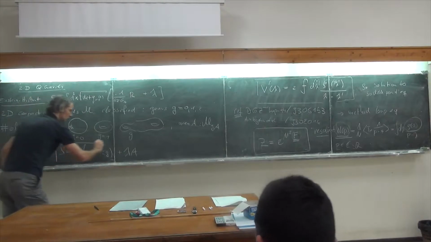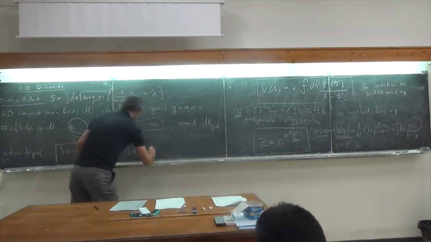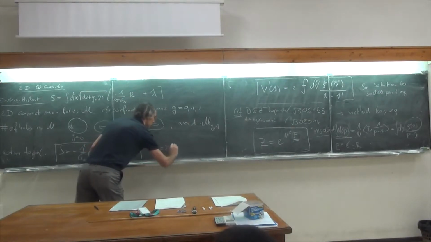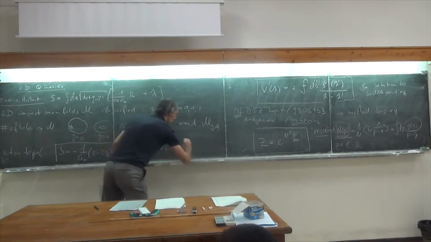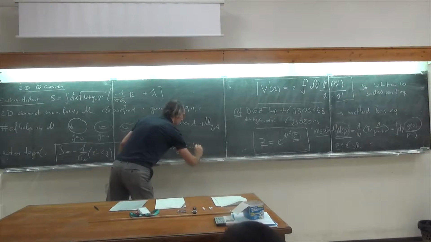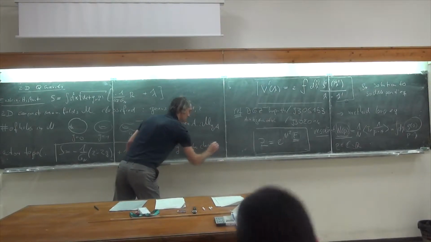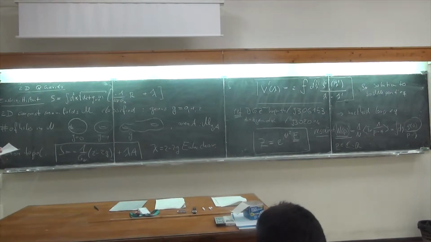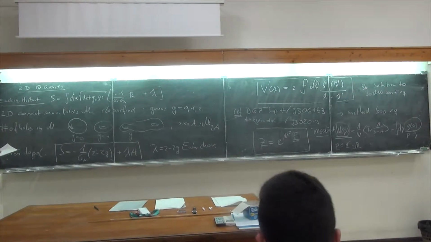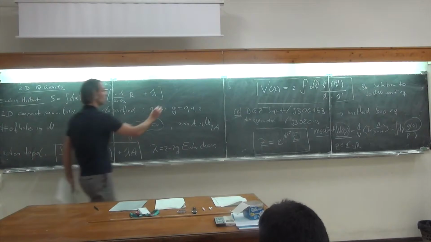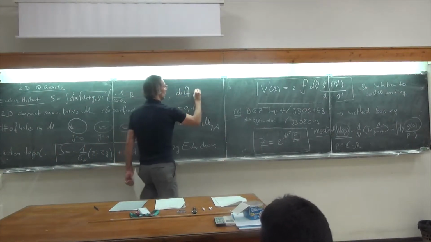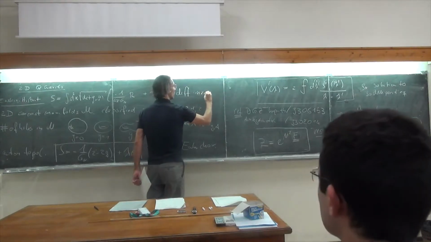And this 2 minus 2G, also called chi, is the Euler characteristic. Okay. Now this action still has some properties under diffeomorphisms.